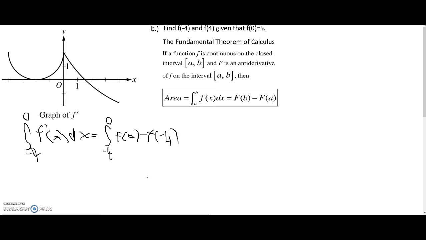We want to find f of -4, so I'm going to rewrite this as f of 0 minus the definite integral from -4 to 0 of f prime of x dx.